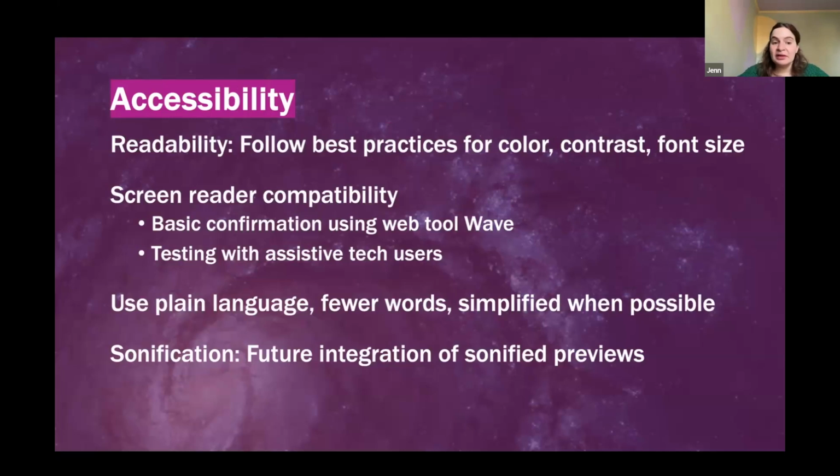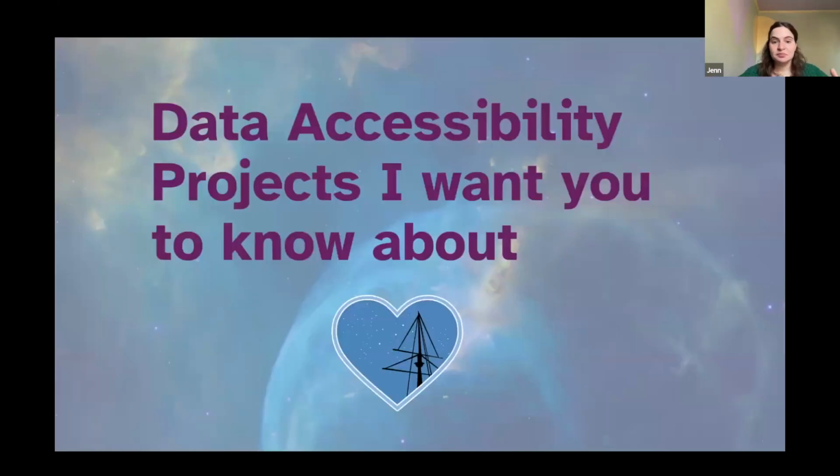Then we also do usability testing with people who use assistive technology. Use plain language so things are understandable and use as few words as possible. We want to simplify those words. The wordier something is, the more challenging it'll be to understand. And also, I'm very excited about the idea of potentially using sonification to integrate into our previews so you can listen to previews, not just look at them.